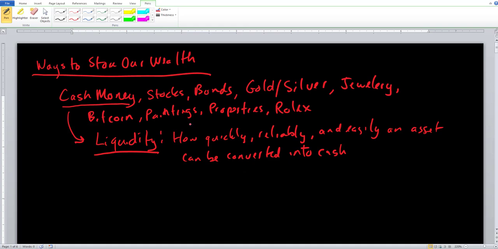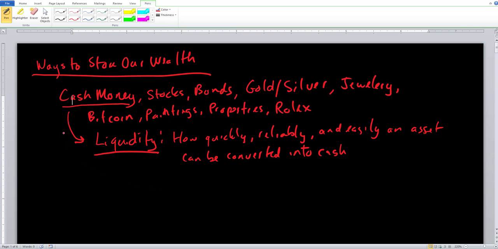Stocks and bonds, gold and silver, jewelry, these are going to be a little bit less liquid because it does require some time and some type of effort to actually convert them into cash. You need to sell your stocks, you need to sell your bonds, you need to go to a pawn shop in order to sell your gold or silver, your jewelry as well. And there are going to be even less liquid types of assets, such as paintings, properties, and Rolexes, where you have the most amount of time, the most amount of effort to actually get them into some type of cash money.